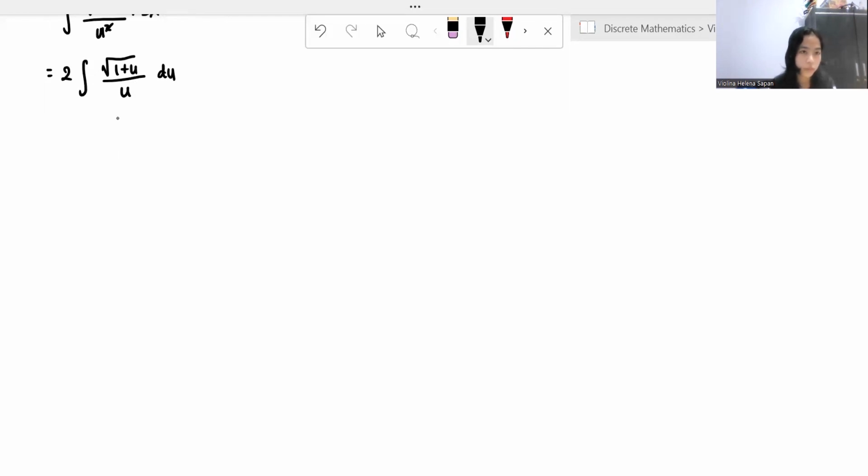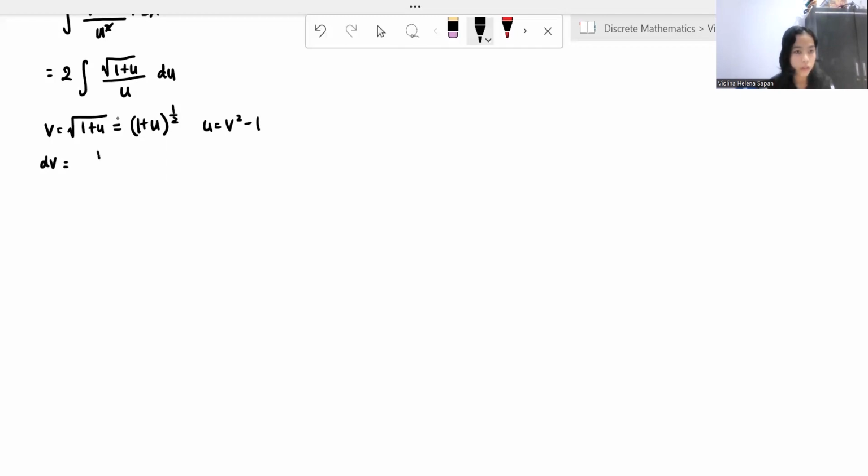Let v be equal to the square root of 1 plus u, which is equal to 1 plus u to the power of 1/2. And from this equation, v equals the square root of 1 plus u, we can get u equals v squared minus 1. Okay, so after that, we can differentiate v.